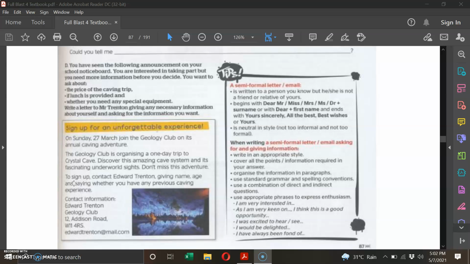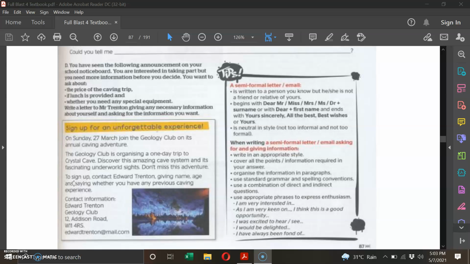Mengajukan lawatan satu hari ke Gua Crystal. Discover, terokai this amazing cave system, gua yang menakjubkan and its fascinating underworld site, dan pemandangan bawah tanah yang mengagumkan. Don't miss this adventure. Okay, jangan terlepas peluang ini.